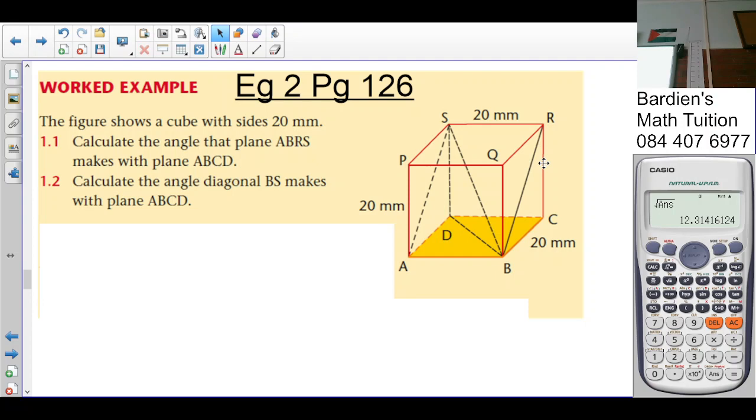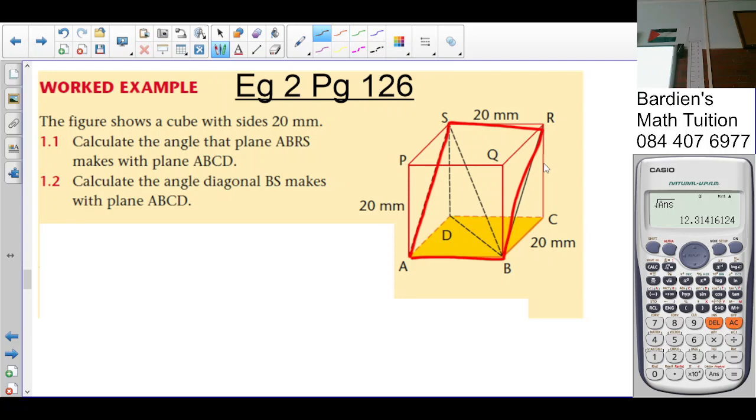The question is to calculate the angle that the plane ABRS makes with plane ABCD.